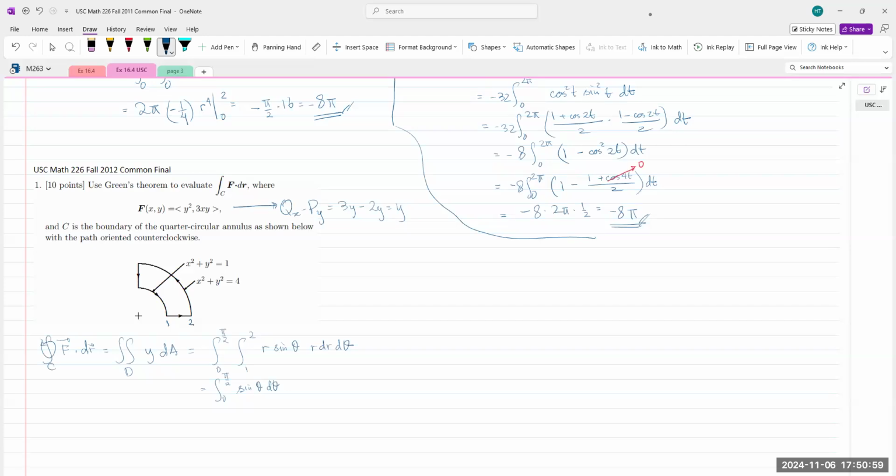I can separate this because the domain is a rectangle, all constant, and the integrand is separable, so I can split into the product of two integrals, with integral from 1 to 2 of r squared dr. The first integral is 1, the second is 1/3 times 8 minus 1, so that's 7/3. Easy.